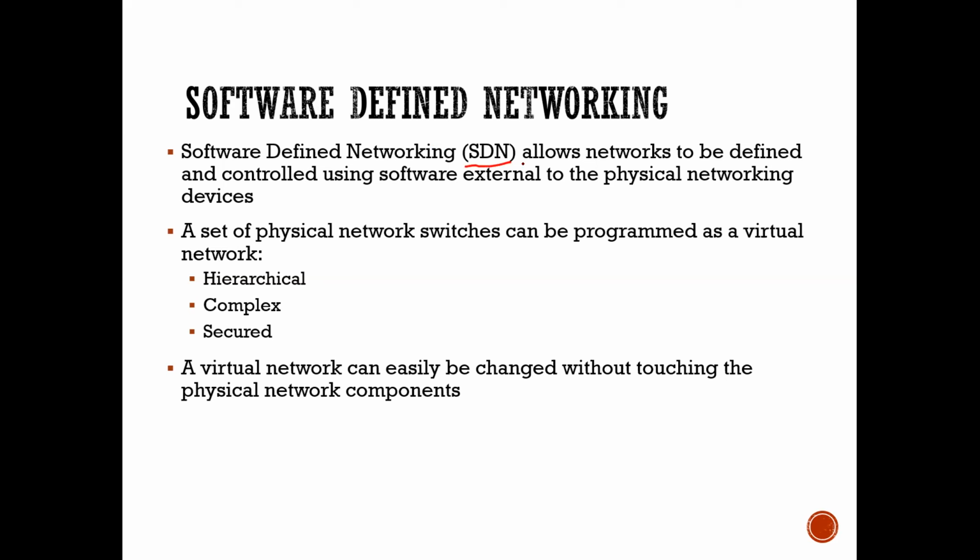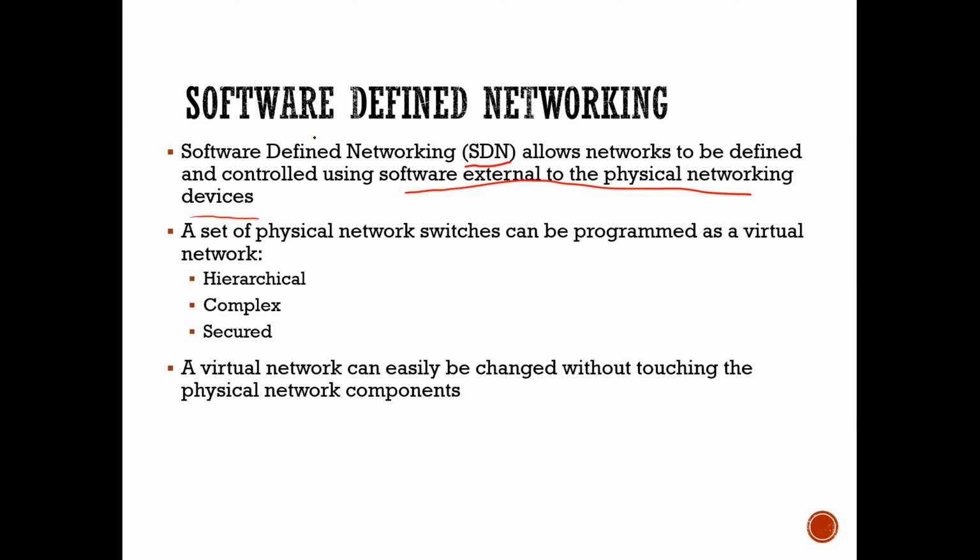SDN, or software-defined networking, allows networks to be defined and controlled using software external to the physical networking devices. Using applications, I can control the network, define it, and for example monitor it. I control the devices not directly from the device, but through remote applications, possibly online, like Remote Desktop, where I log into a device and modify it. So this technique we call SDN, software-defined networking. It allows the network to be defined and controlled using external software which exists outside the physical networking device.